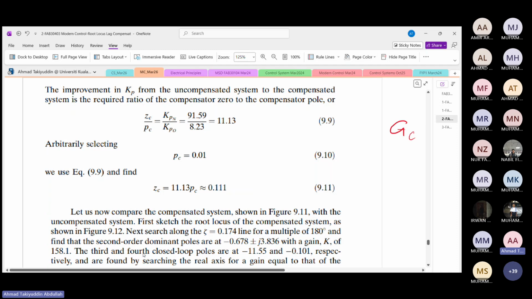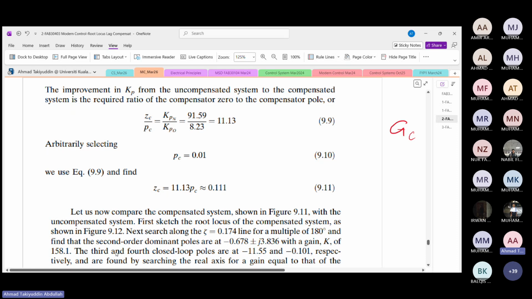So these will be the poles that you consider after you have considered the dominant poles. It will be a bit different, as you have to make another consideration right after you consider the ZC and PC, and then you can have these third and fourth poles.